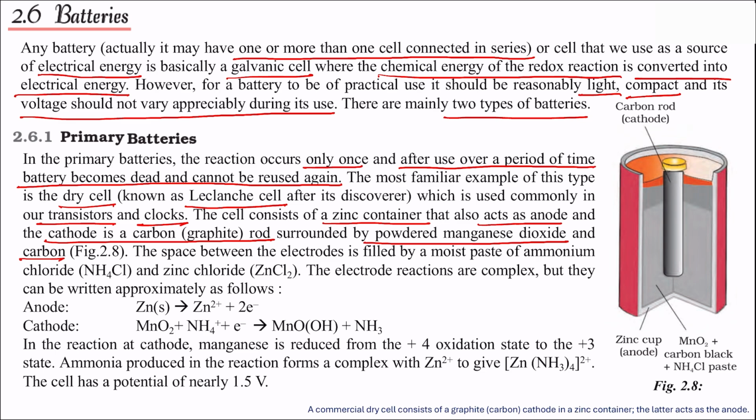The space between the electrodes, that is between the cathode and anode, is filled by a moist paste of ammonium chloride and zinc chloride.